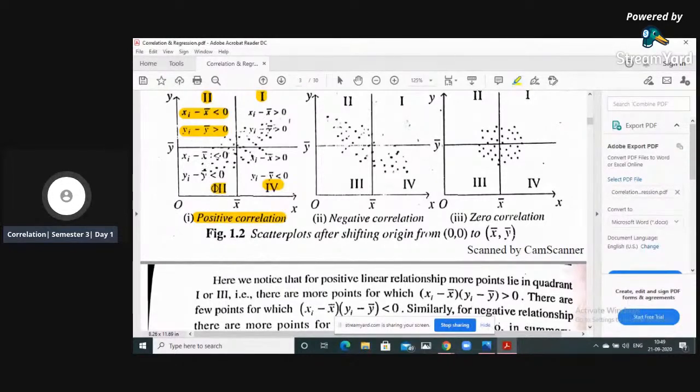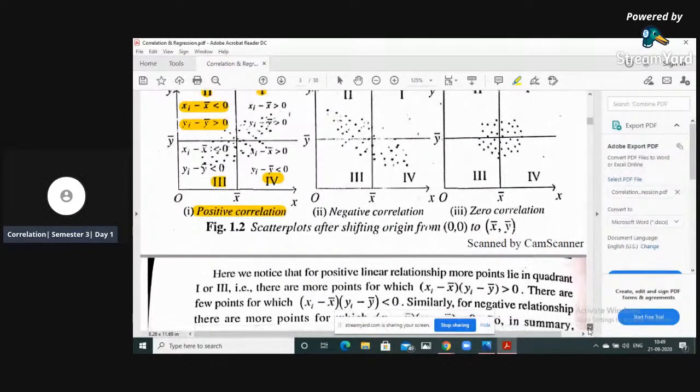That is, there are more points for which xi minus x bar into yi minus y bar is greater than 0. And few points are there for which xi minus x bar into yi minus y bar is less than 0.